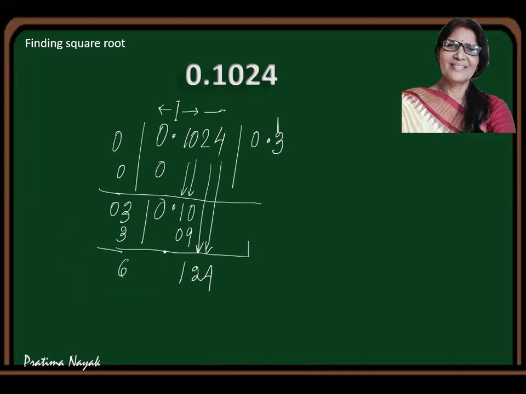How much is this? 6. Put a place. How much should I put? 2. So this will be 124. So what will be the answer? The square root of 0.1024 is equal to 0.32.